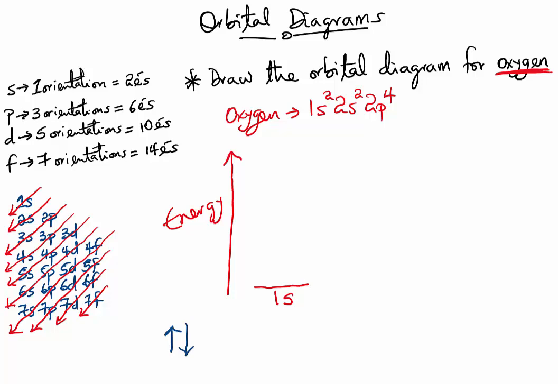A spinning electron will generate a magnetic field. So if this electron is spinning like this and this one is spinning like this, they will generate opposite magnetic fields. The opposite magnetic fields will then attract.